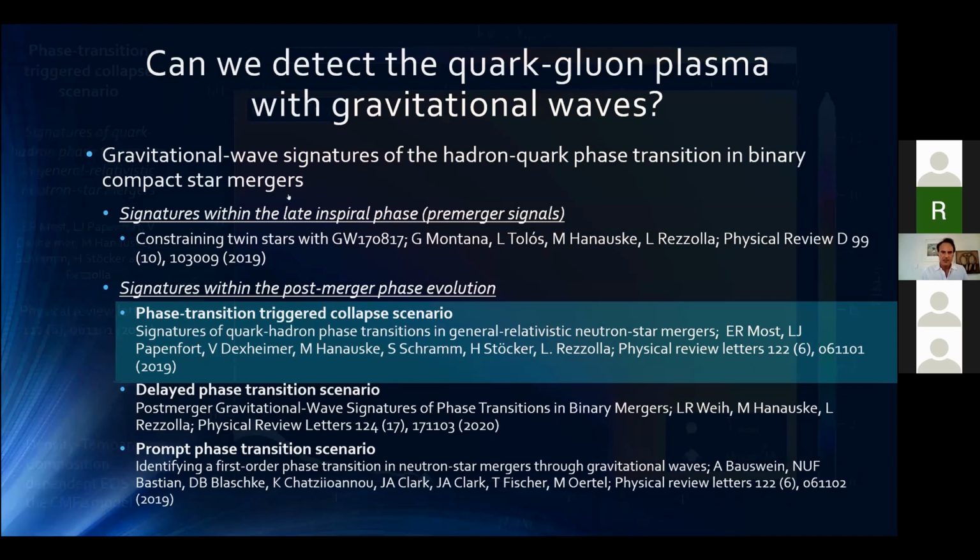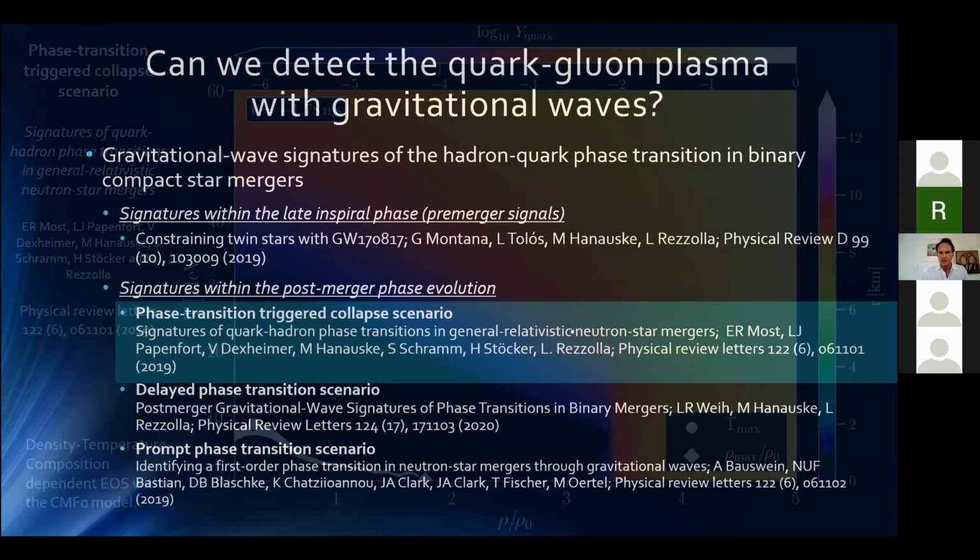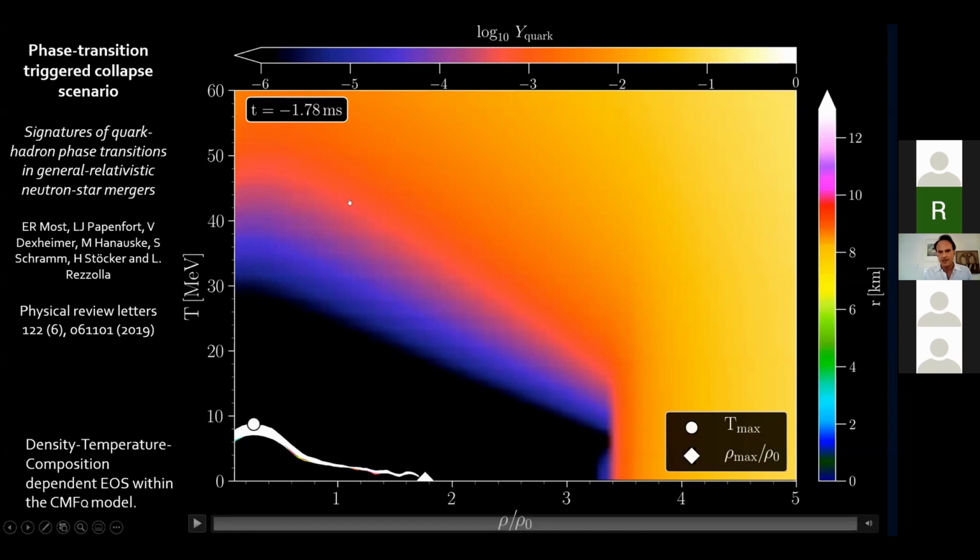We have here now again the temperature versus density. In the background, you have the quark fraction. You see in this model you get a quite sharp deconfinement transition at about 3.5 times normal nuclear matter density, and you see here more of a crossover.